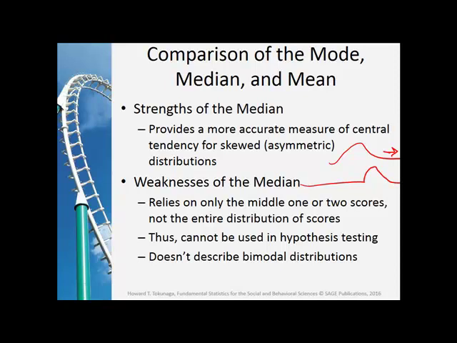However, like the mode, one of its weaknesses is that it only relies on one observation, if it's an odd number of observations, or two observations, if it's an even number of the total. And it doesn't rely upon the entire distribution of the scores.